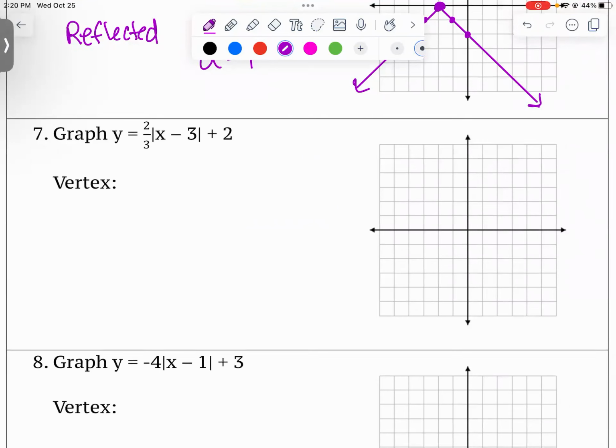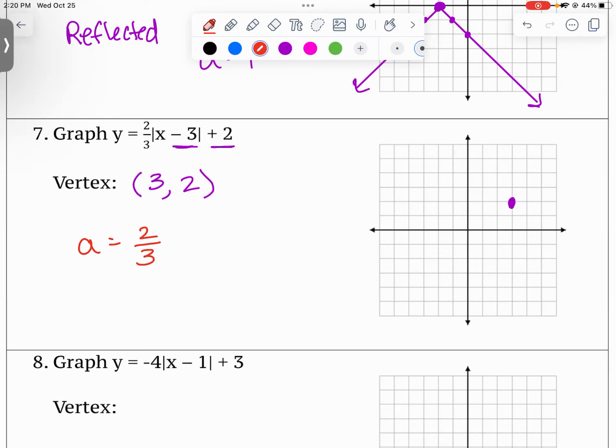All right, so our vertex. Our vertex for number 7, where is it, Ian? Okay, so we're going to go to 3, 2. All right, our a is 2/3.